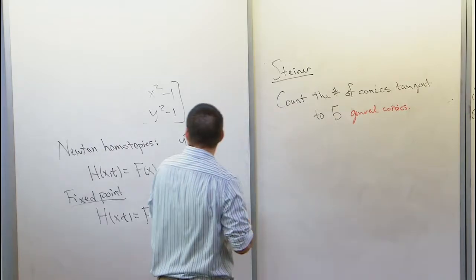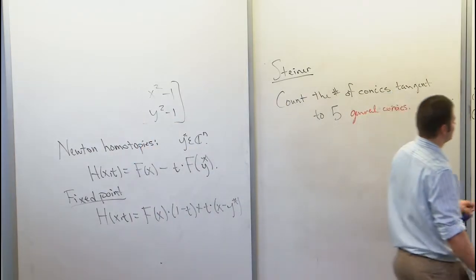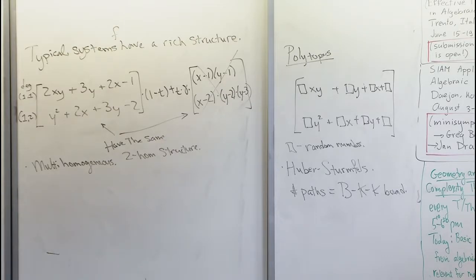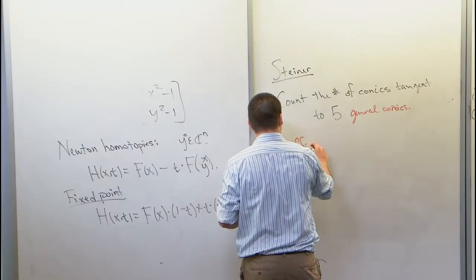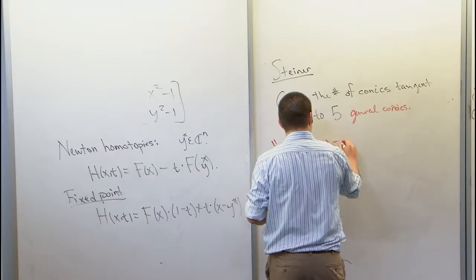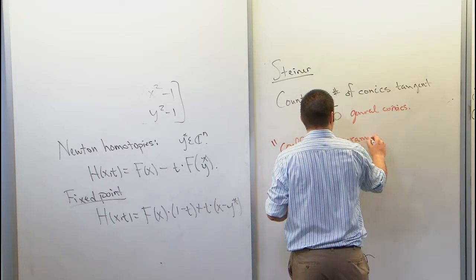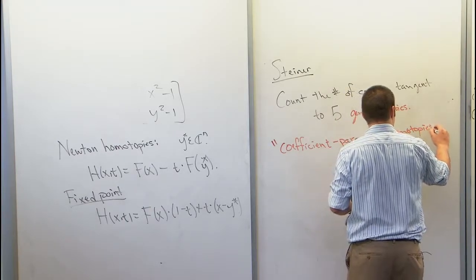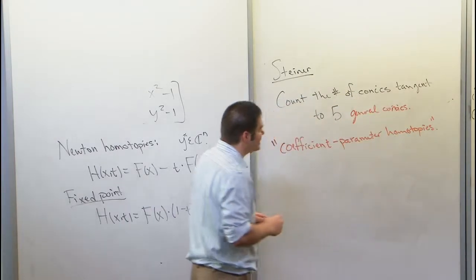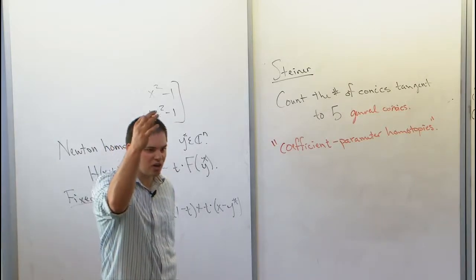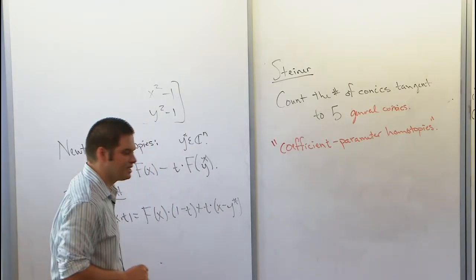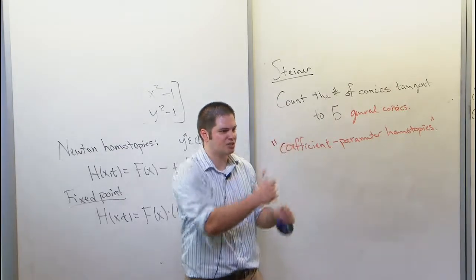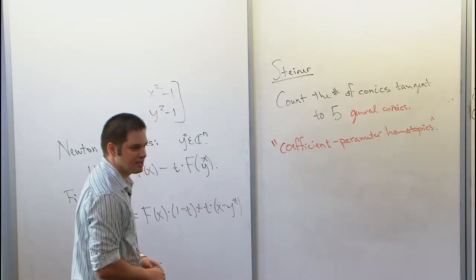All of these homotopies that I've written up are in a general class called coefficient parameter homotopies. The idea is, if I can solve for a sufficiently general point, then I can change either my coefficients or some other parameters and solve the system that I want.